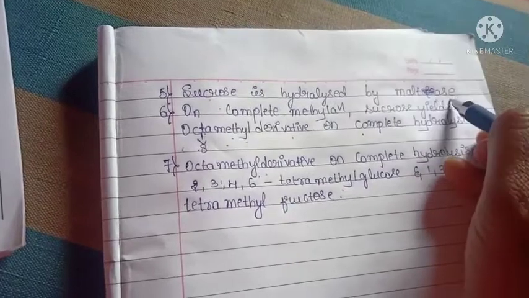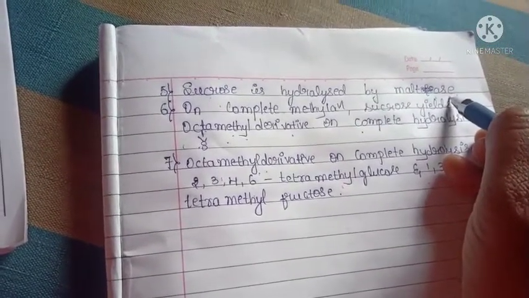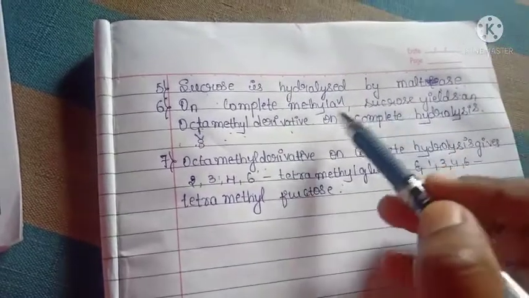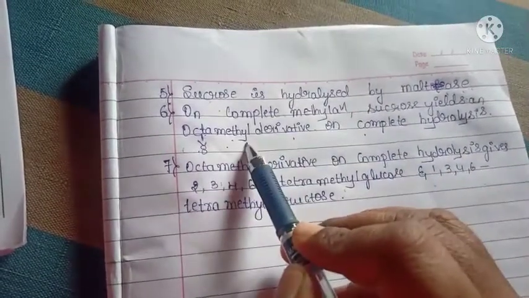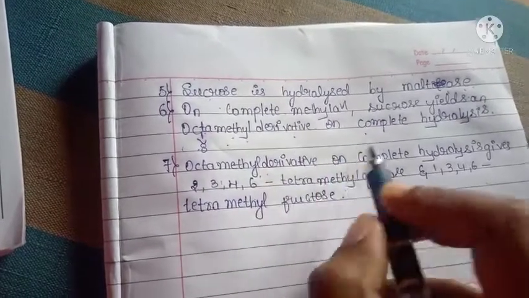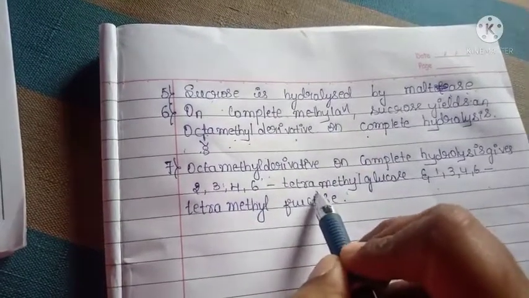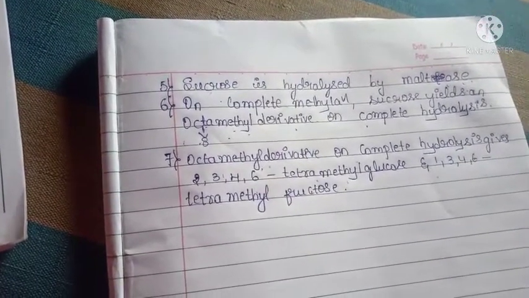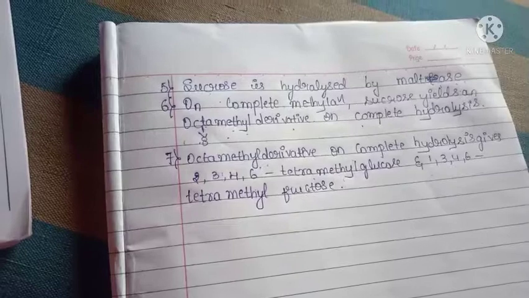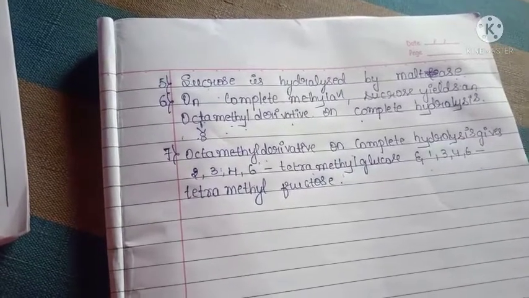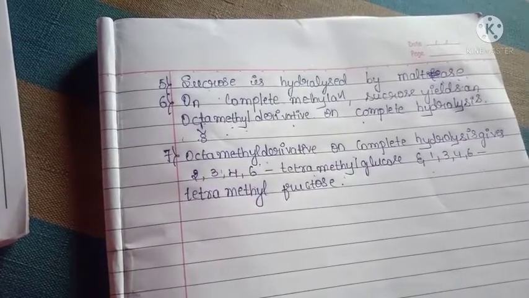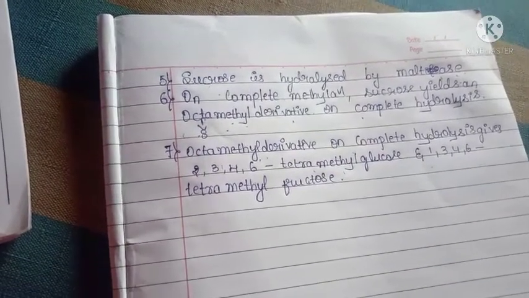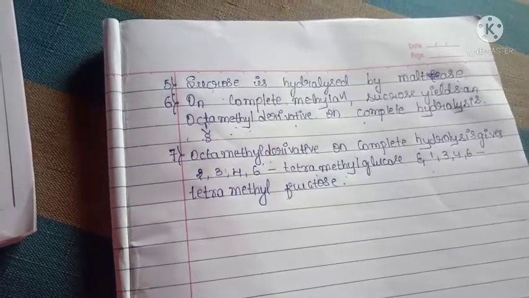It does not react with emulsion because glucose has an alpha D glucose unit. On complete methylation it gives an octamethyl derivative, which on complete hydrolysis gives 2, 3, 4, 6 tetramethyl glucose and 1, 3, 4, 6 tetramethyl fructose, because the OH group should be present on these carbon atoms. So that's why the OH is removed and the CH3 is substituted.